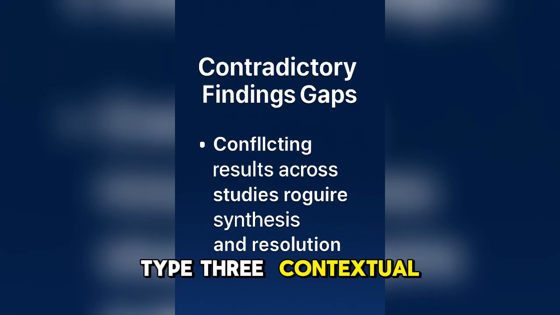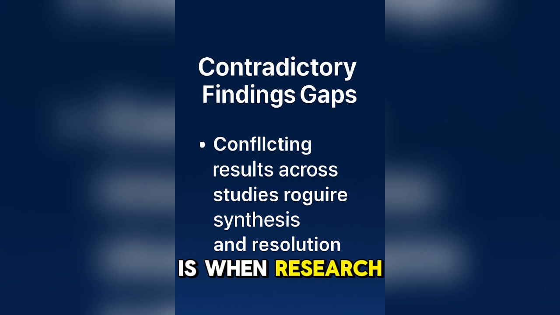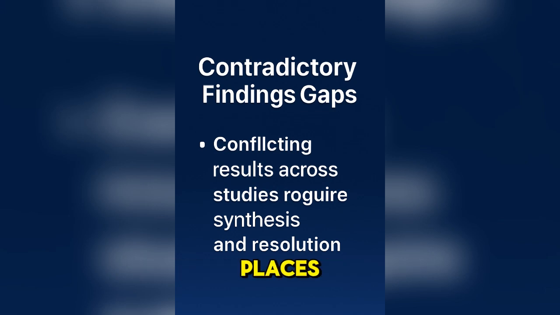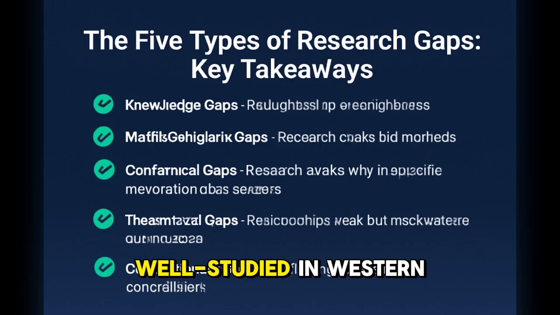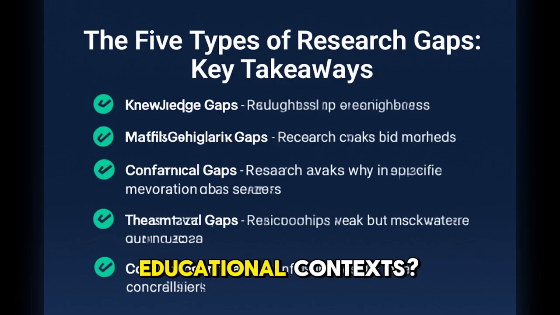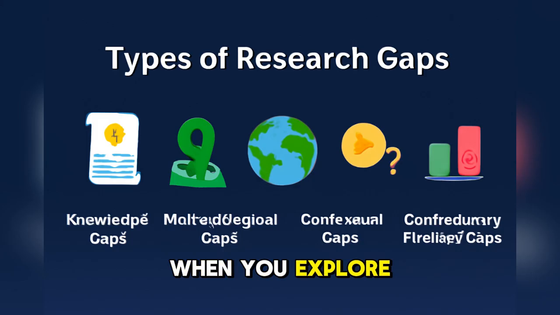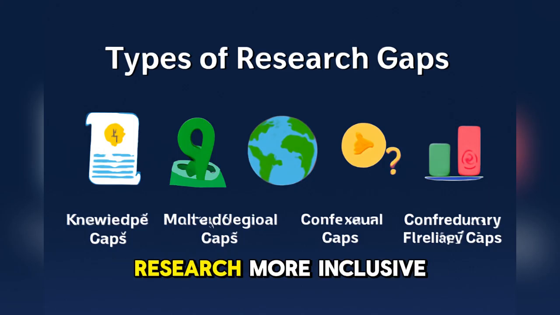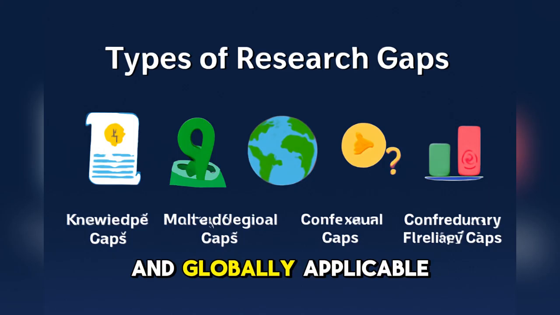Type 3: contextual gaps. This is when research exists but only in specific populations or places. Student motivation is well studied in Western universities, but what about non-Western educational contexts? When you explore how findings translate across contexts, you're making research more inclusive and globally applicable.